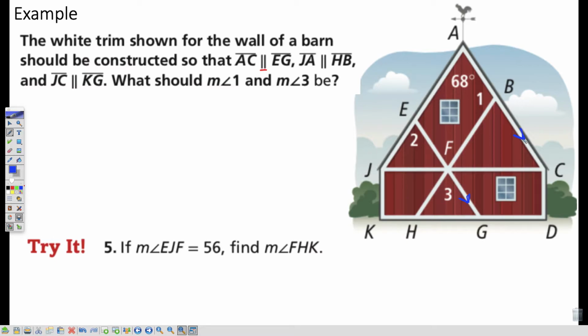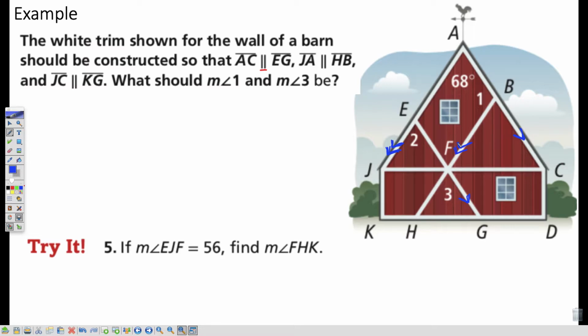And then JA is parallel to HB. So this time we're going to put not one, but two. I have two sets of parallel lines, so that gives me some transversals I can use, right?